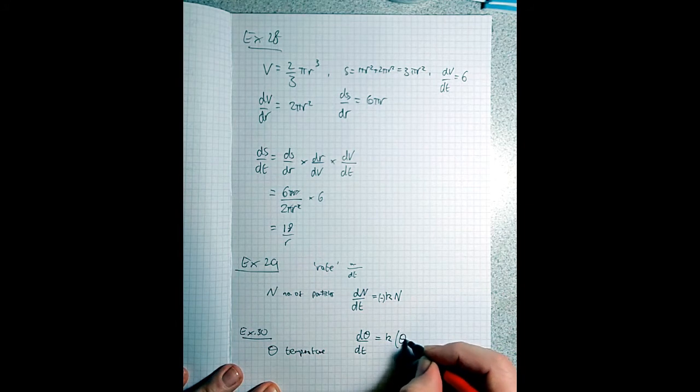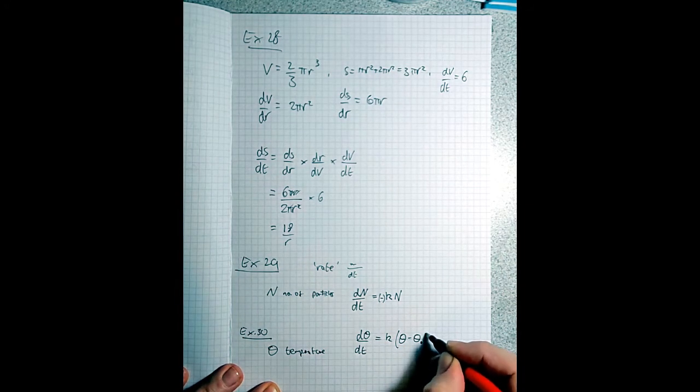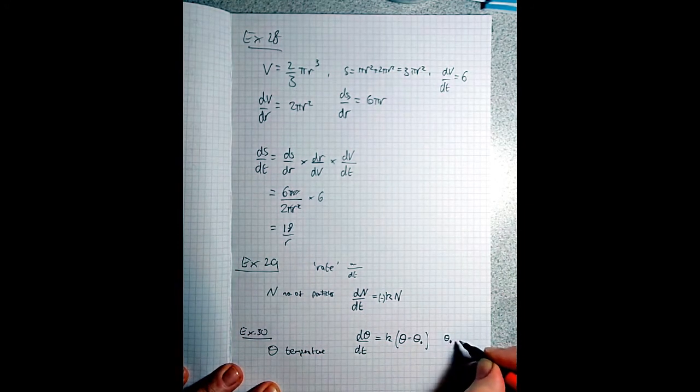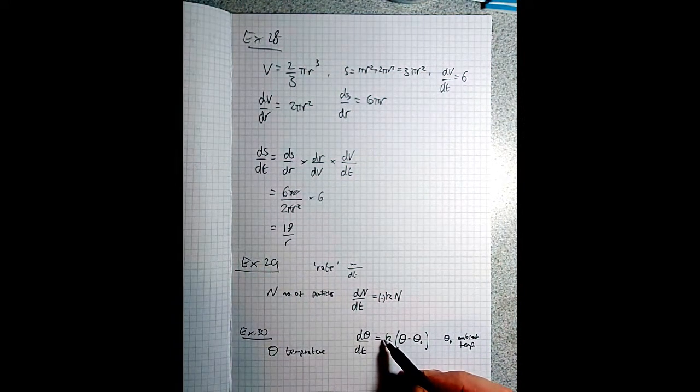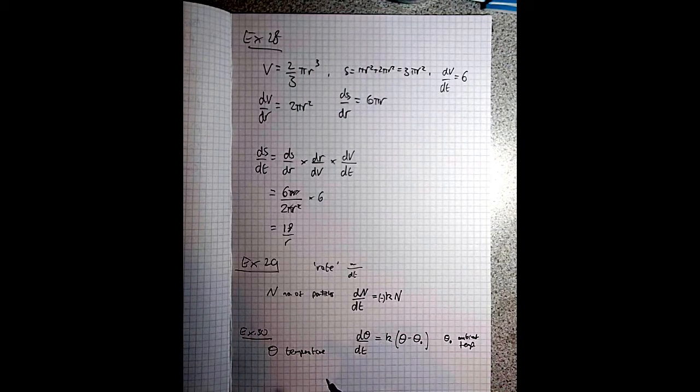And in the book they've used theta 0, where theta 0 is the ambient temperature. Again, you could have a minus in there if you want, because it says loss of temperature.